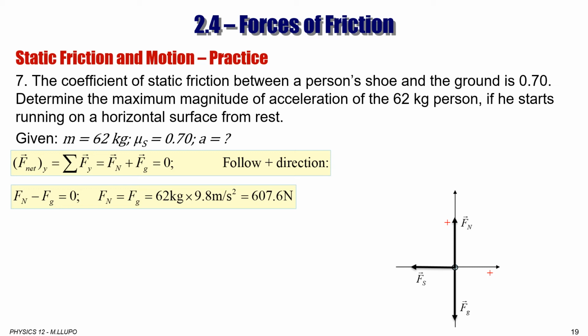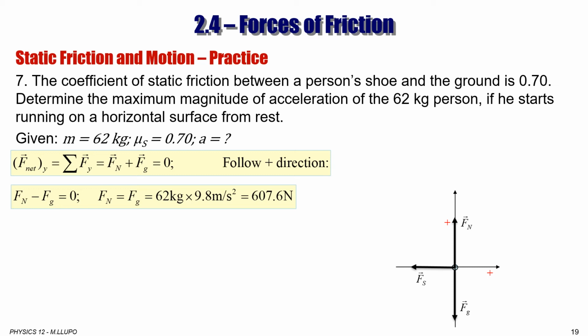That's why the sum of forces on x-axis has to be equal to ma. But the only force acting on the x-axis is the static force of friction, actually, that pushes us forward. So static force of friction is negative, and acceleration moving forward is positive.